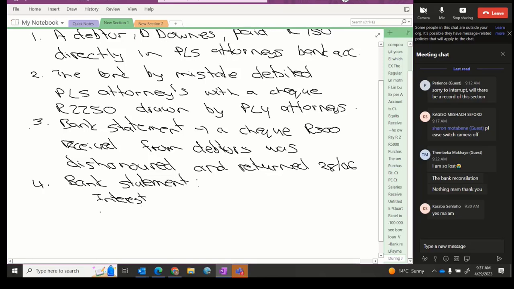It's interest that you paid on an overdraft, service fees, and you paid for a checkbook. As I say, this is an old example. No one is working with checkbooks these days, but just to show you, there's still bank charges.